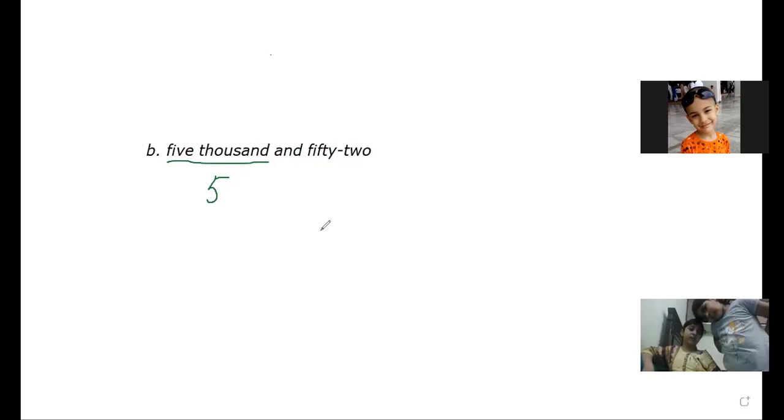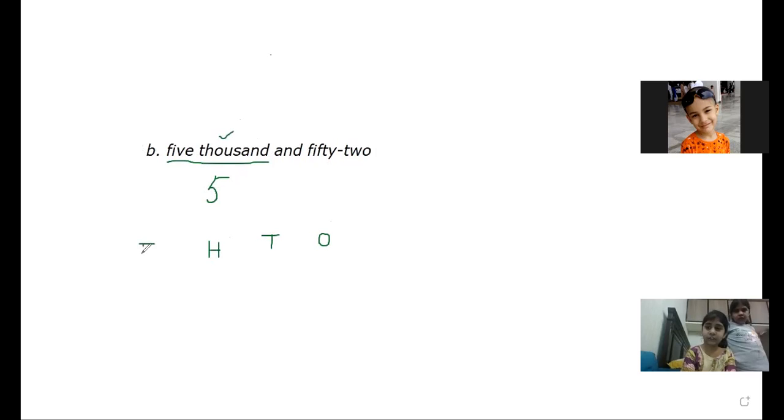Now, how are we going to write it in digits? You can see how many thousands I have. I have 5,000. It means my place value chart starts from ones, tens, hundreds, and ends at thousands.